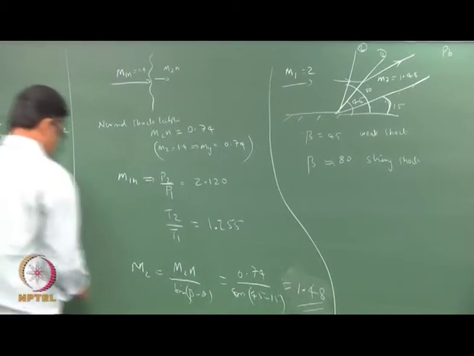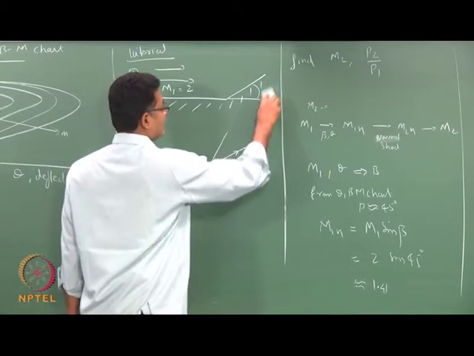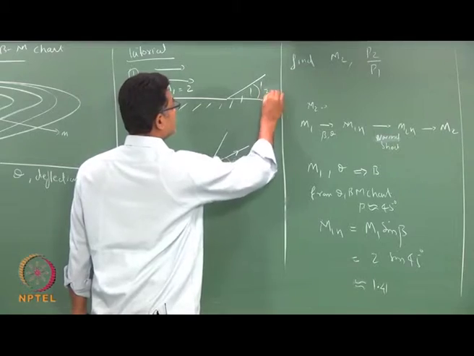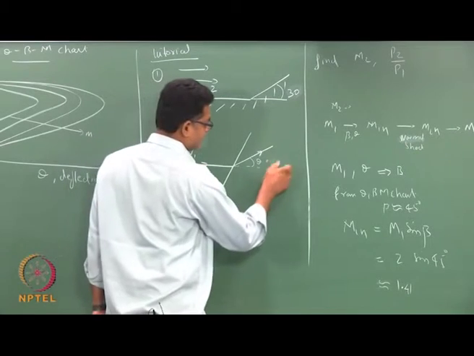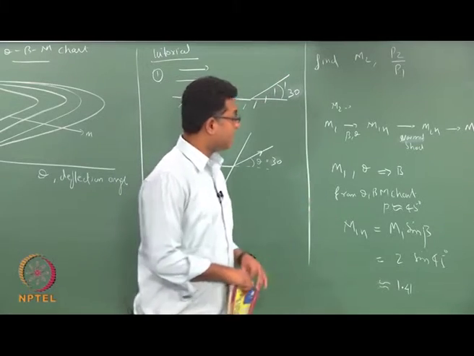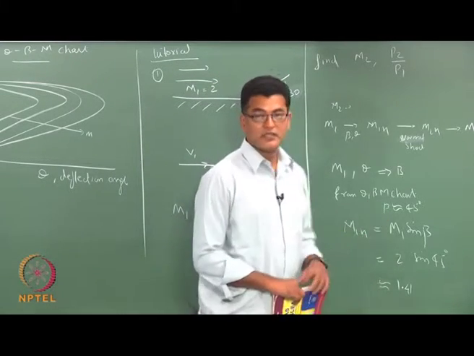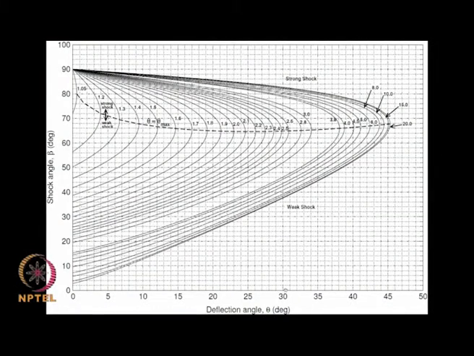All right. Now, the same problem, if I increase my theta. So, M equals 2, I am now going to increase 15 to say 30 degrees. So, let us see what happens. Again the procedure is the same, except that now I have a different theta. I look at the chart: now my theta is 30 degrees, I look for where my Mach number is 2.